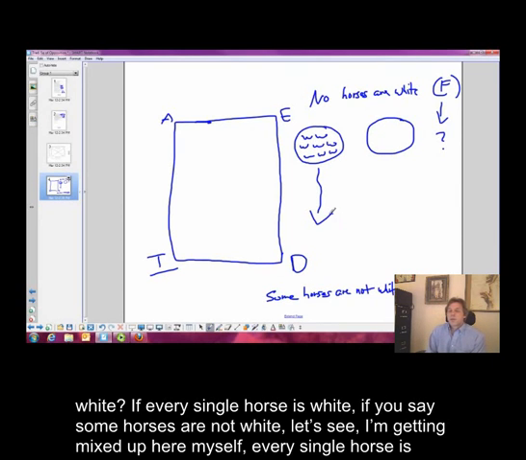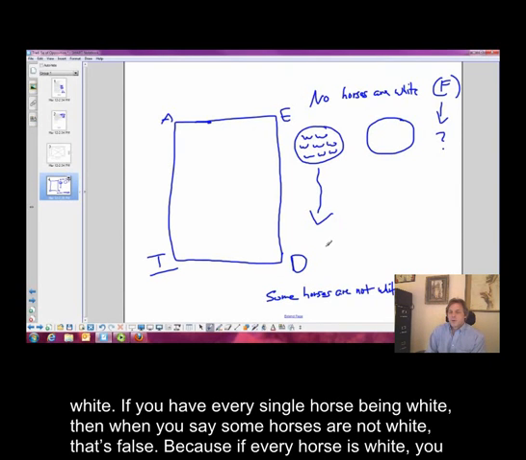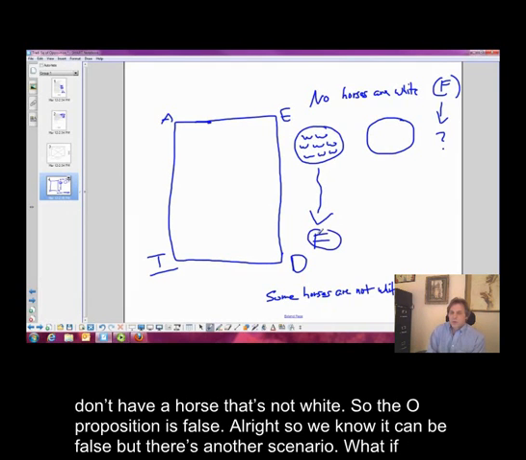Okay, every single horse is white. If you have every single horse being white, then when you say some horses are not white, there we go, that's false, right? Because if every horse is white, you don't have a horse that's not white. So the O proposition is false. All right, so we know it can be false, but there's another scenario.